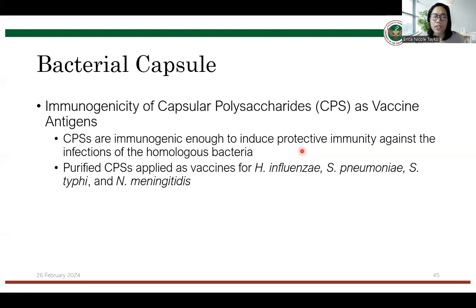Kasi your CPS or your capsular polysaccharides are immunogenic enough to induce protective immunity against infections of the homologous bacteria. So when we try to extract or harvest yung CPS coming from bacteria such as your H. influenzae or S. pneumoniae, Salmonella typhi, we can actually mass produce this and develop your vaccines.